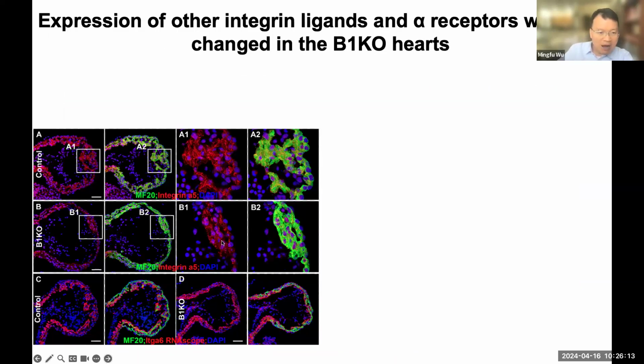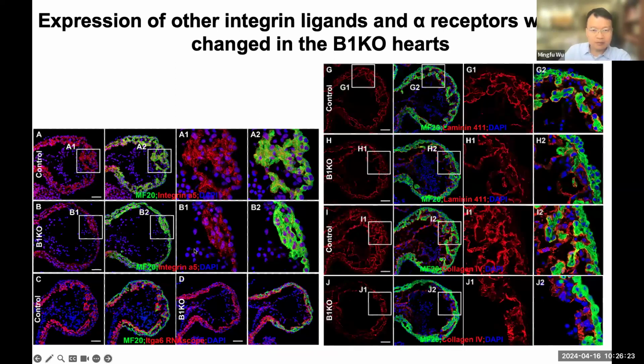And we also examine alpha 5. The alpha 5 distribution pattern is not surprising, and it is not reduced in the knockouts. And we also examine the ligands such as laminin 411 and collagen 4. What I want to emphasize here is their expression pattern between the control and knockout.